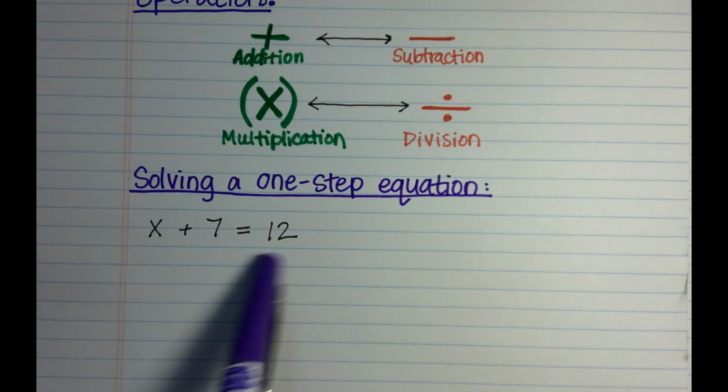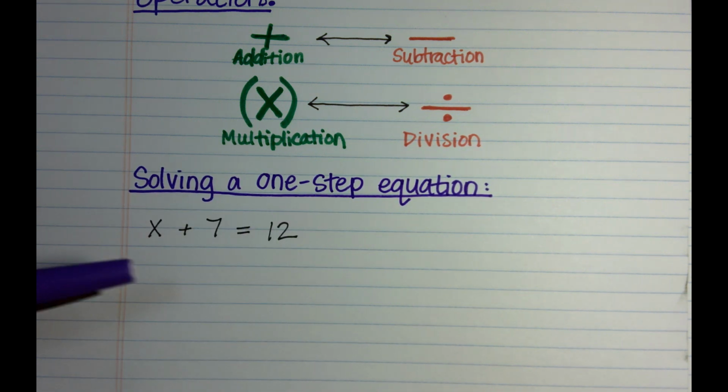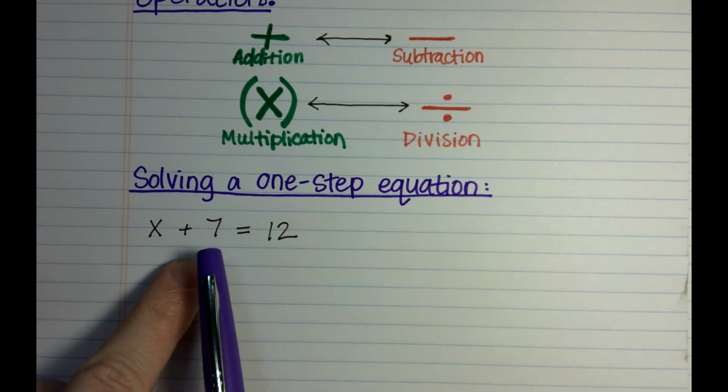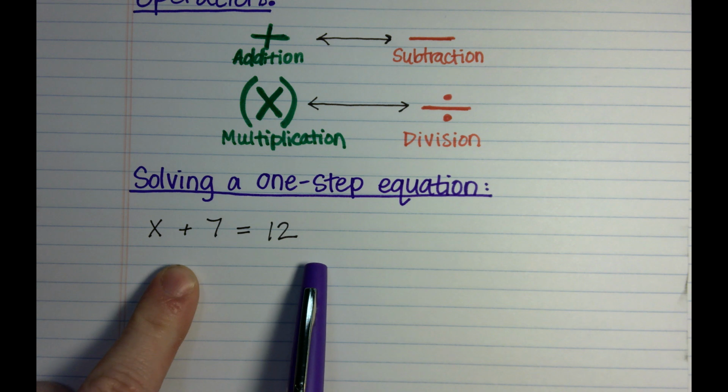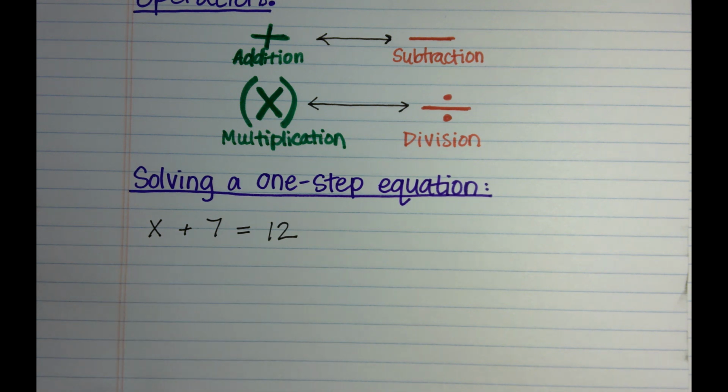Whenever we have an equation like this, what is kind of the first thing we want to think about? What are we going to do first? How to get rid of the 7. Get rid of the 7. How did you know that we needed to get rid of the 7 instead of 12? I need X by itself. We want to get x by itself. Yes. So getting rid of 7 is absolutely correct.